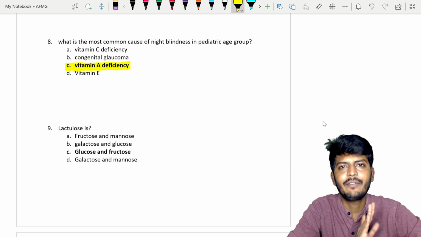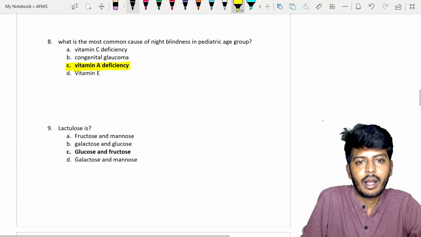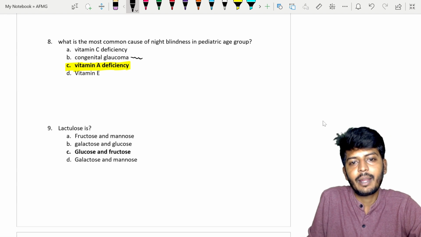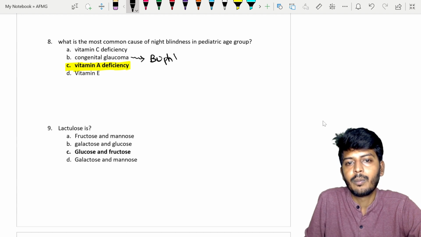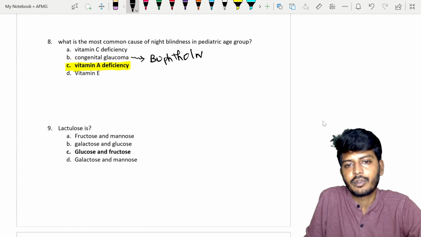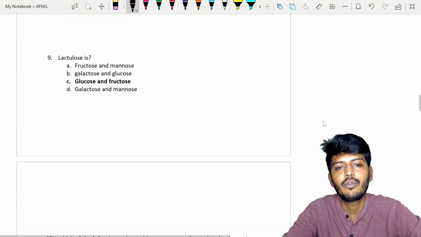Vitamin C deficiency does not cause blindness. Vitamin E deficiency does not cause blindness. Congenital glaucoma usually presents with something called buphthalmos. With buphthalmos, a swollen and very painful eye will be there.